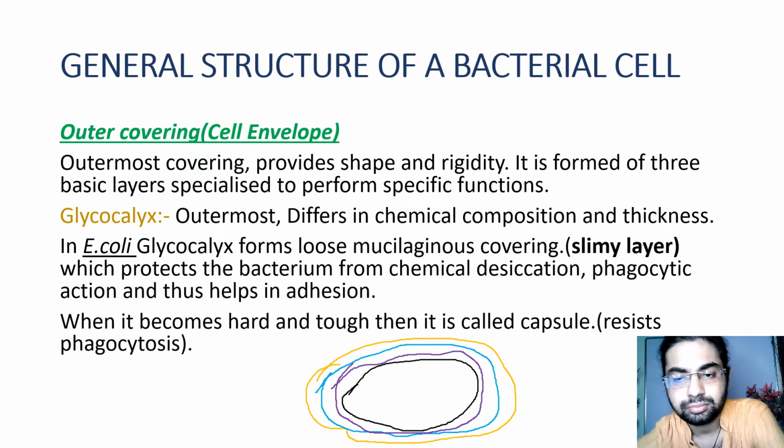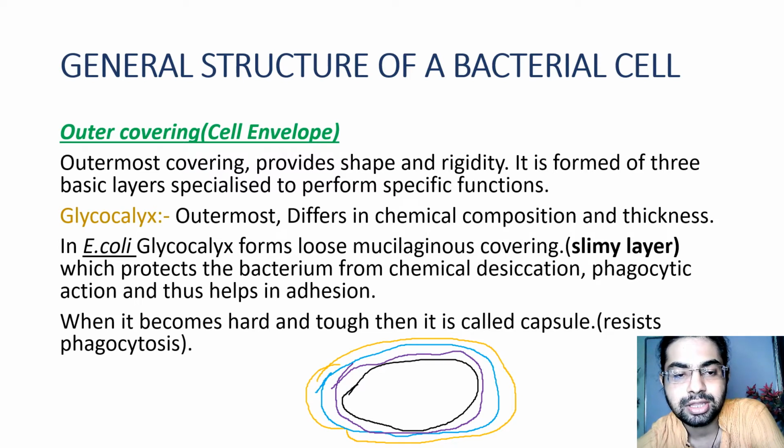So chemical desiccation, as I mentioned, is protection from foreign chemicals, and phagocytic action means if a bacteria enters a body, known as the host, the host defense mechanism will try to engulf the bacteria, and the glycocalyx will protect the bacteria from this phagocytic action.